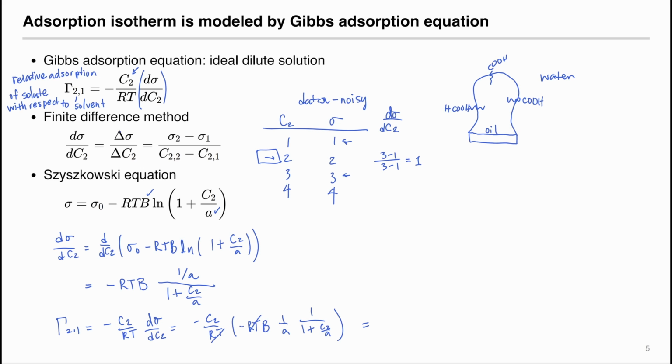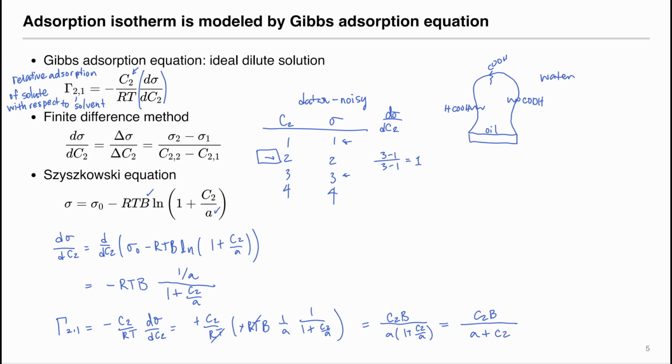Let's see, the negative also cancels out. We have C2B divided by A, 1 plus C2 divided by A. Let us further simplify this by multiplying A inside, so we have C2 times B, over A plus C2. And that is our final equation.